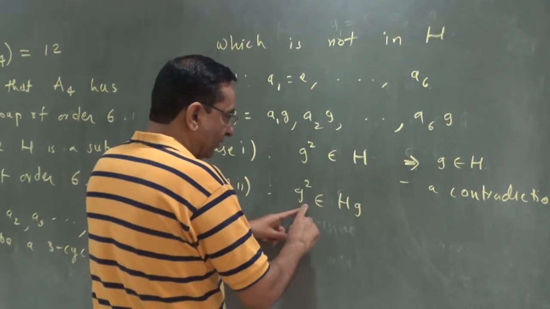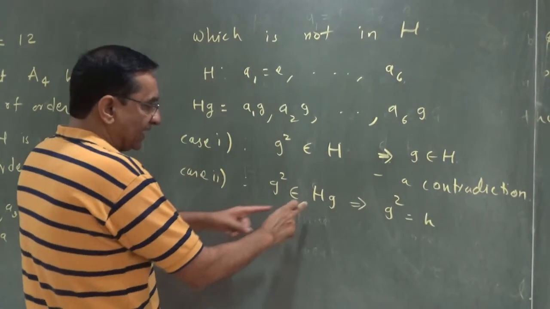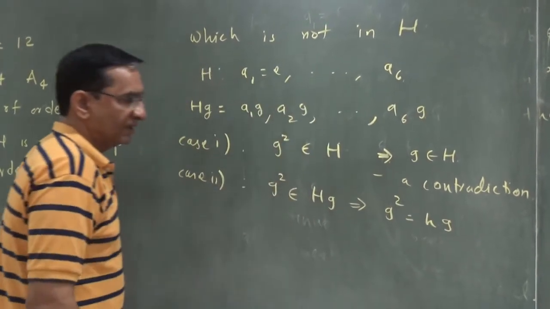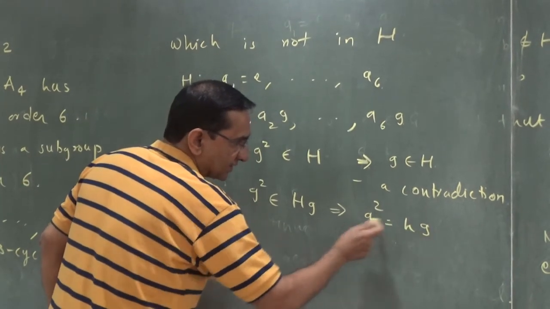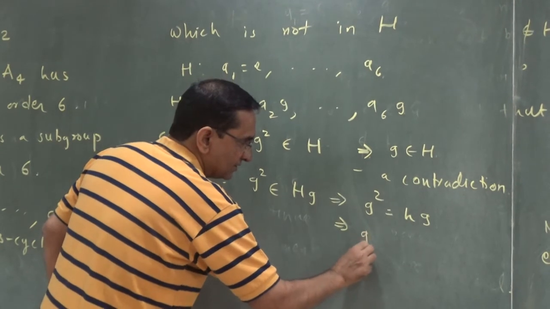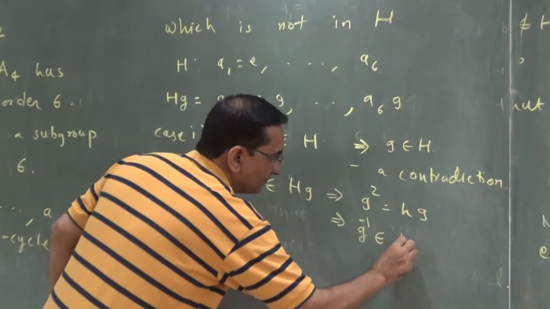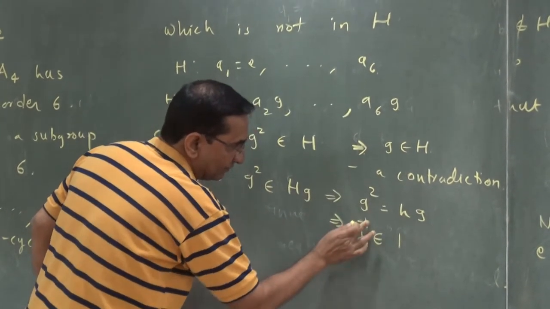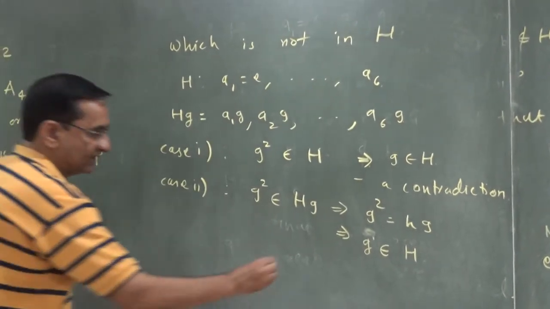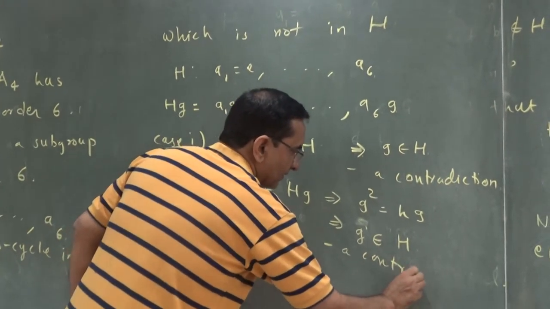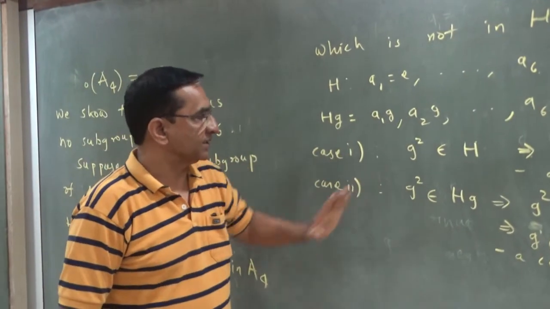It must be of the type, G square must be some element h in H times G. So if I multiply by G inverse from the left, this implies G inverse belongs to H. So G inverse or G belongs to H. If I multiply by G inverse from the right, I again get G belongs to H, which is again a contradiction. So in any case, G will belong to H.